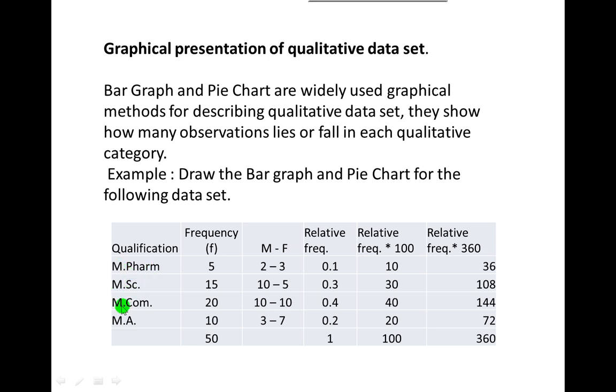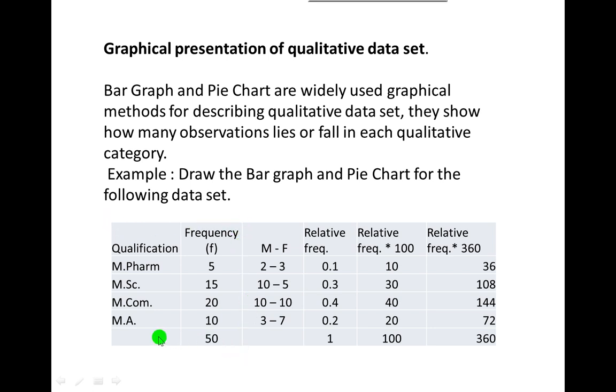MPharm, MSc, MCom, MA. If you collect 50 observations, out of 50 observations you have 5 observations of MPharm qualification, 15 of MSc, 20 of MCom, 10 of MA education. This is the given data.